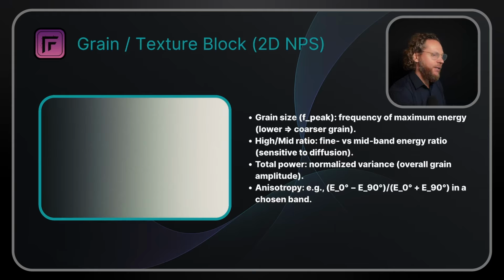Basically, anisotropy is a number that is irrelevant for film grain. You don't need it on film grain because that is a number that tells us in which direction the grain spreads. In film it is isotropic. That means it moves in every direction in the same way.